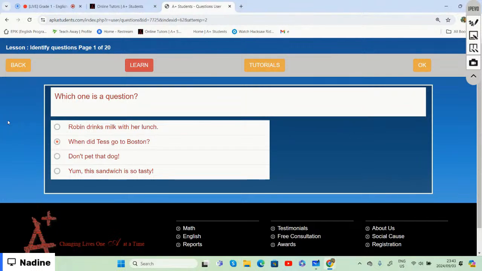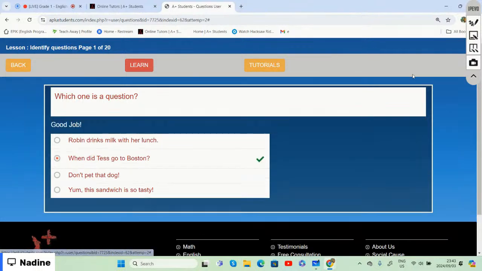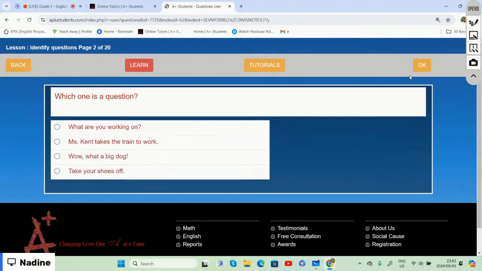All right, and if we look at questions, right, it says when did Tess go to Boston? And that is a question, and it even ends with a question mark. We need to say which one is a question.